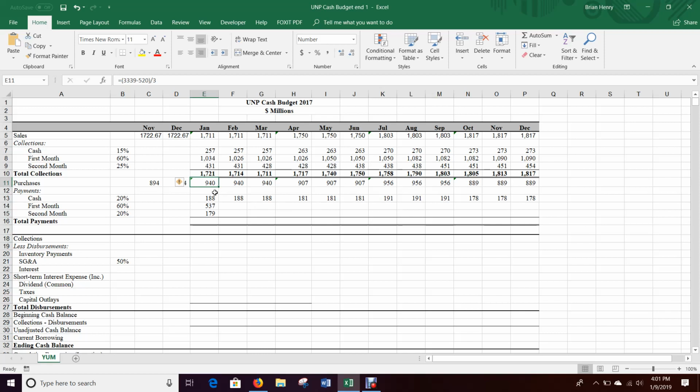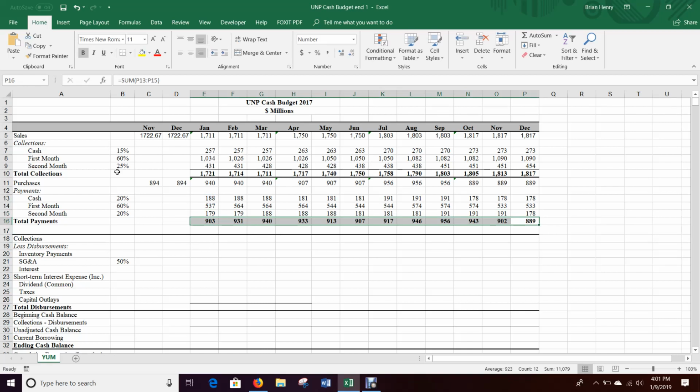And since I don't know that information on Union Pacific, I'm not going to do that because that makes it even more complicated. Instead, I'm just going to highlight that, hit Control R, and fill it all over, and then sum it up for total payments. So we have that, and there's our total cash payments.